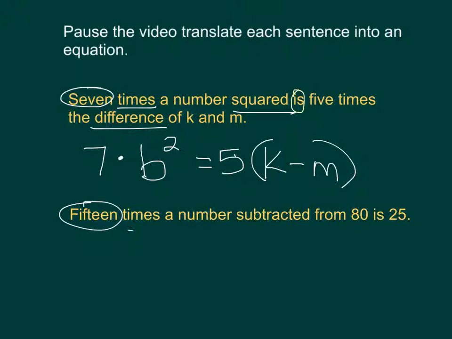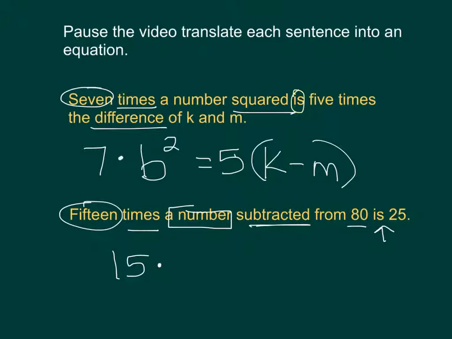15 times a number, so there's our variable, subtracted from 80 is 25. So 15 times a number subtracted.